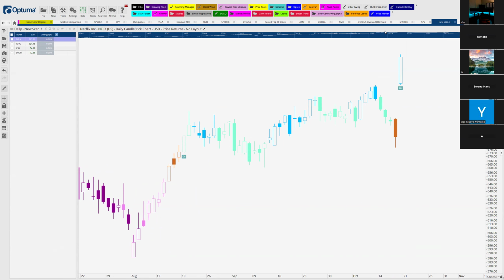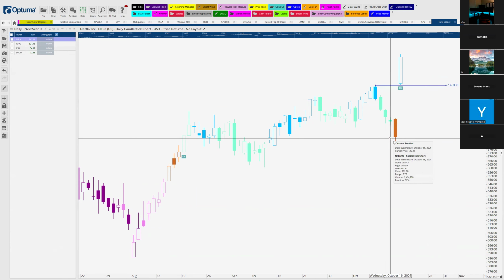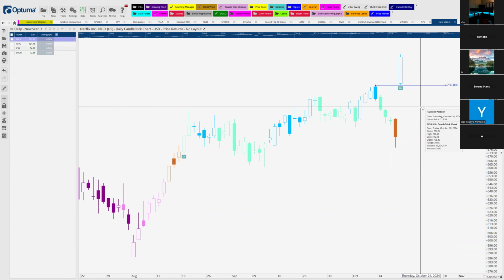I did a good job defining the double diagonal, but at the same time, look at the upside rip on the stock. But again, these are earnings.